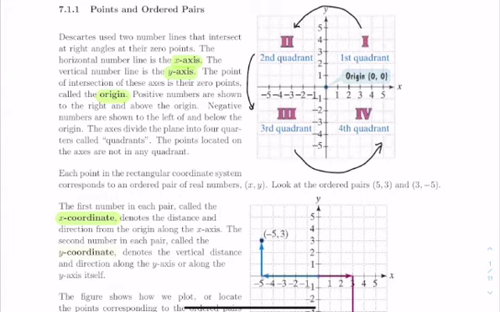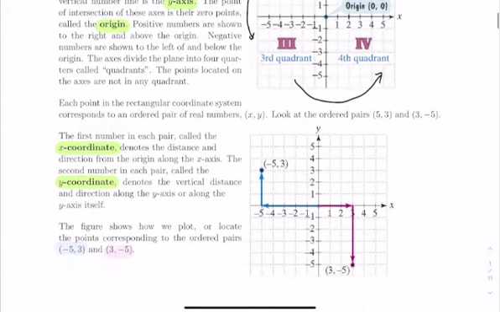The second number in each pair, called the y-coordinate, denotes the vertical distance and direction along the y-axis or along the y-axis itself. The figure shows how we plot or locate the points corresponding to the ordered pairs (-5, 3) and (3, -5). So let's go ahead and look at (-5, 3) first.